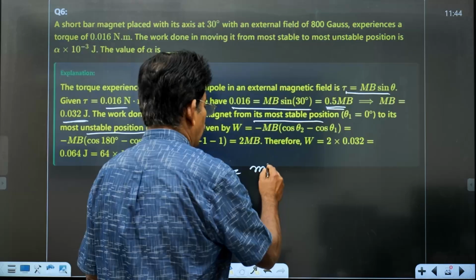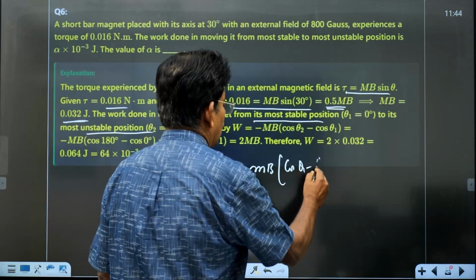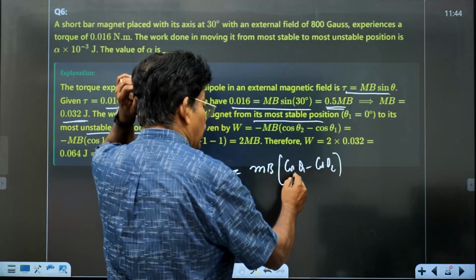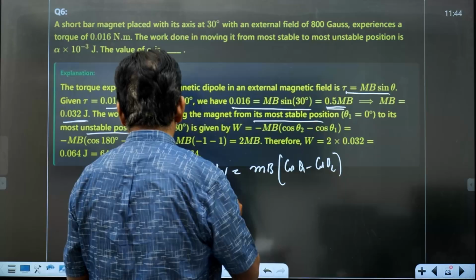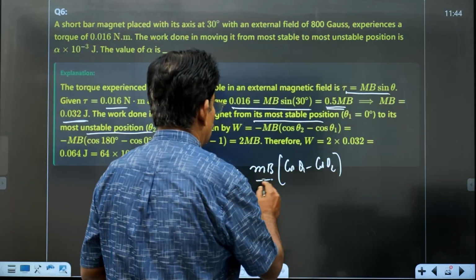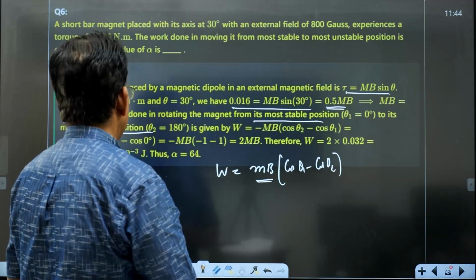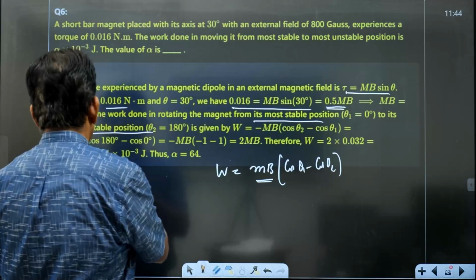The ready-made formula is mB into cos theta 1 minus cos theta 2. Cos theta 1 is cos 0, cos theta 2 is cos 180, which is minus 1. So minus of minus will become 2. It will be 2 mB. Answer will be 2 mB, isn't it? And 2 mB is given to be how much?